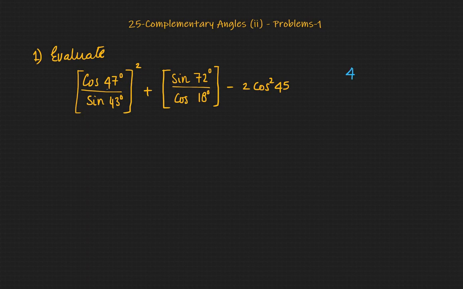So here in this case it's 47 and 43, right? So what that means is this and this are interrelated. That's a hint for you. The next one is, let's say, 72 and 18. They add up to 90.